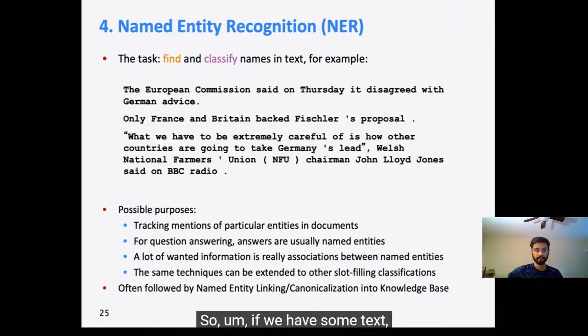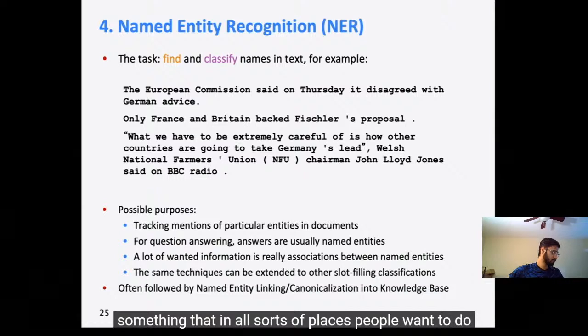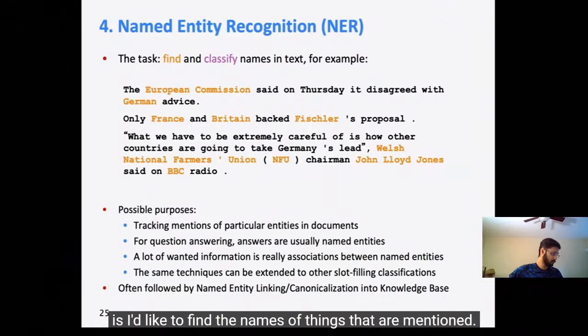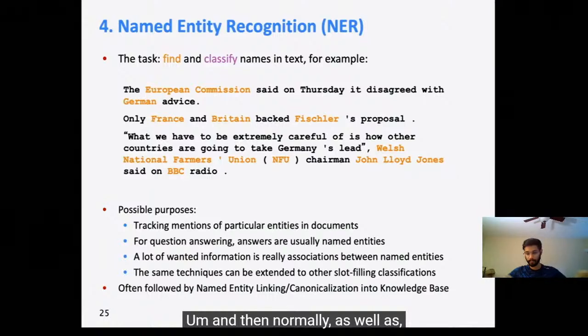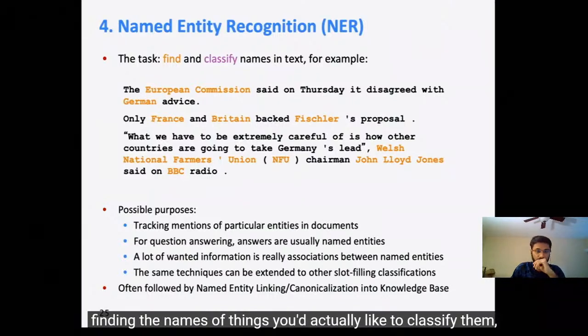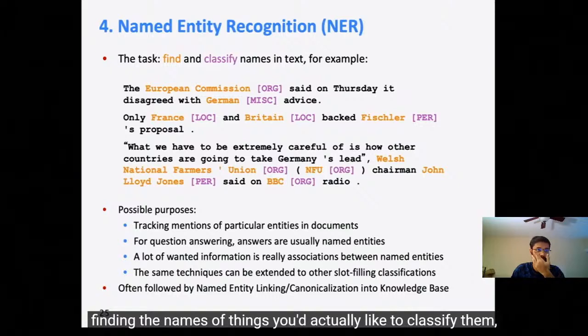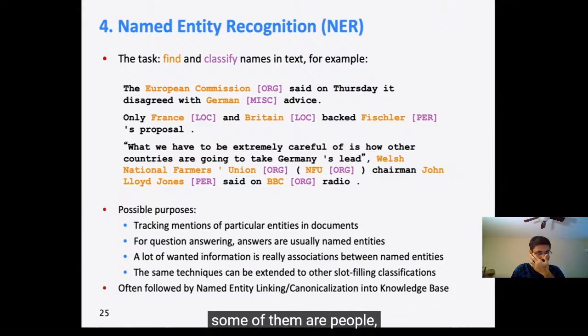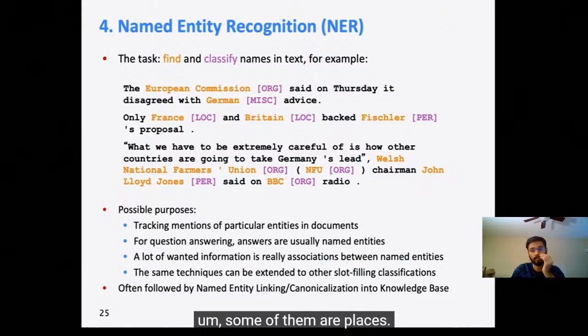If we have some text, something that in all sorts of places people want to do is find the names of things that are mentioned. And normally, as well as finding the names of things, you'd like to classify them. So you'd like to say some of them are organizations, some of them are people, some of them are places.